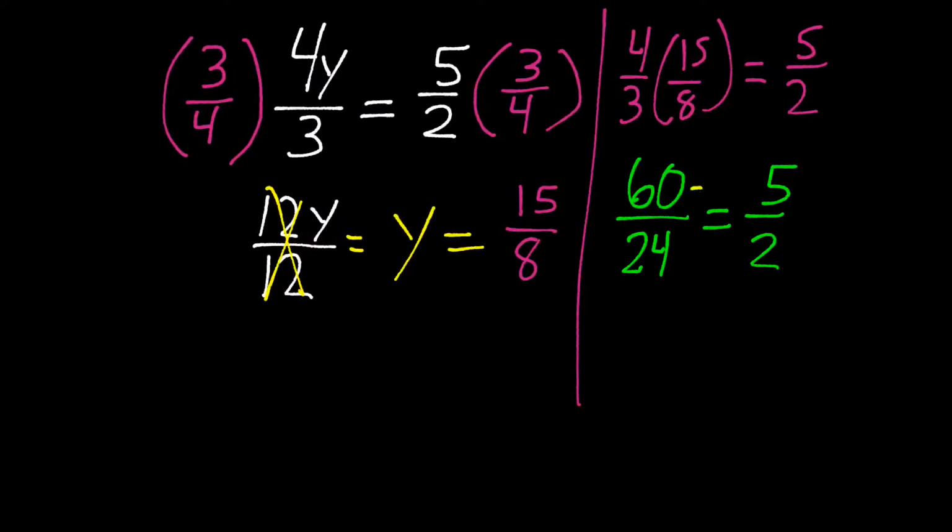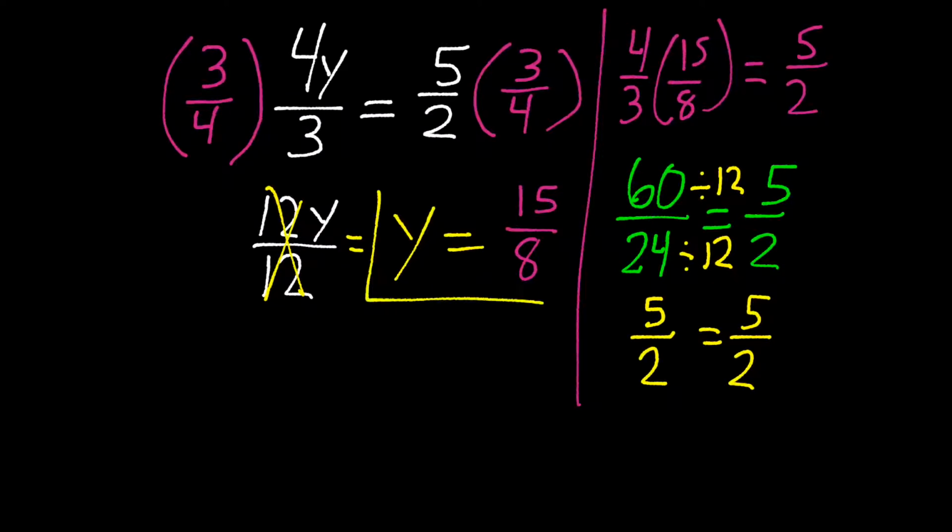So if I divide 60 by 12, knowing my division facts, 60 divided by 12 is 5. And then if I divide 24 by 12, I get 2. So we end up with 5/2 equaling 5/2, which means our solution worked out. So y must equal 15 over 8.